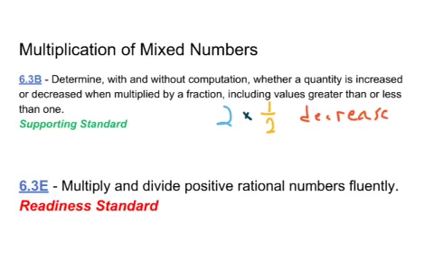But if we multiply the same value 2 times, say, a mixed number or an improper fraction such as 5/4, which would work out to 1 1/4, then our answer is going to increase. It's just the difference in multiplying by a value greater than 1 or less than 1.